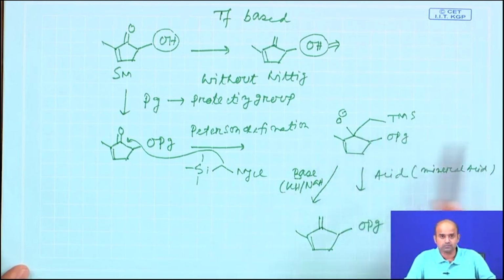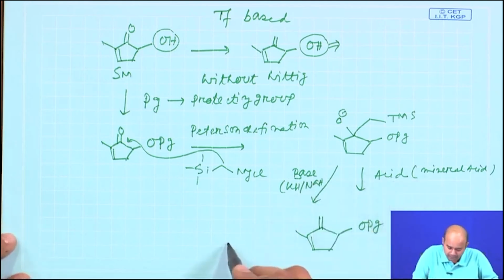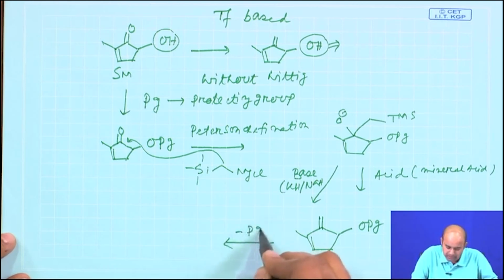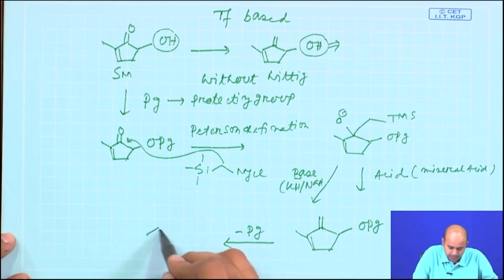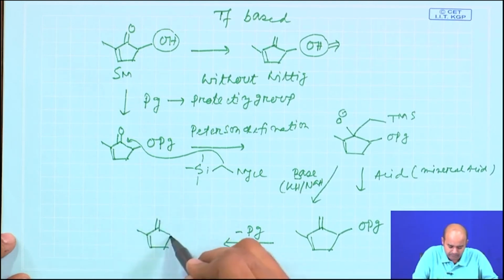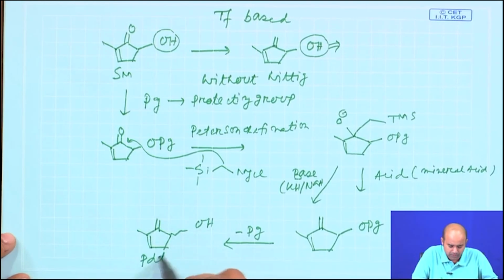Usually it was found that it can undergo an acid mediated reaction as well as a base mediated reaction. Now, next what you need to do, you just need to remove this PG. Depending on the protecting group, you can basically choose the reaction condition. So, this is now your product molecule.